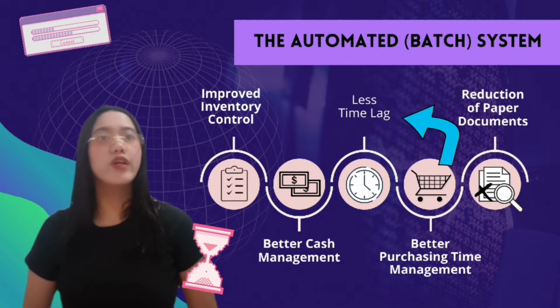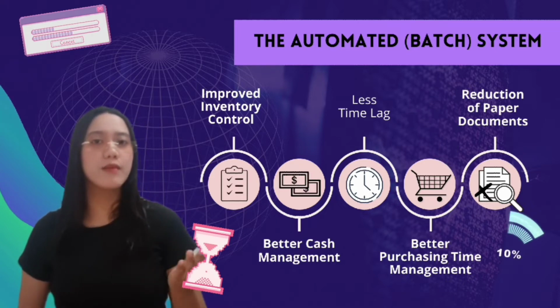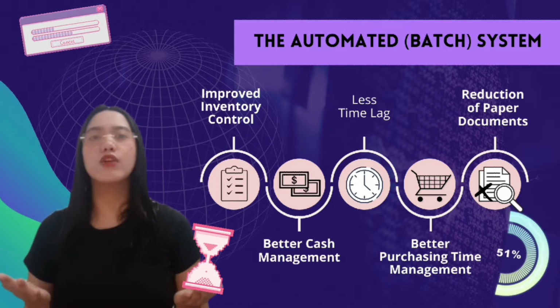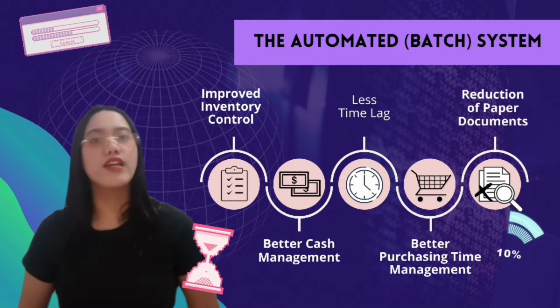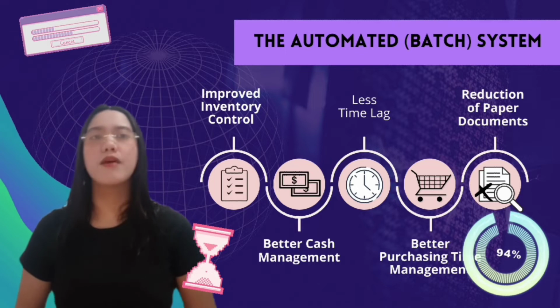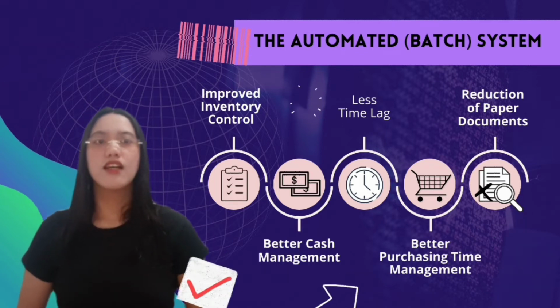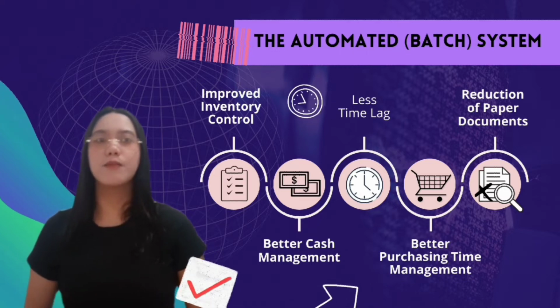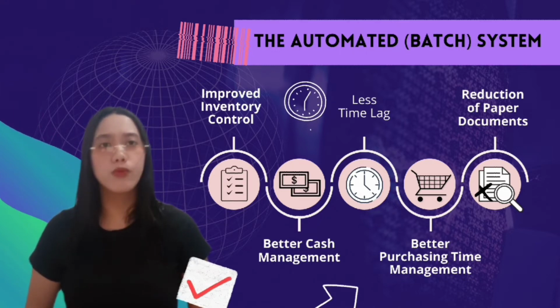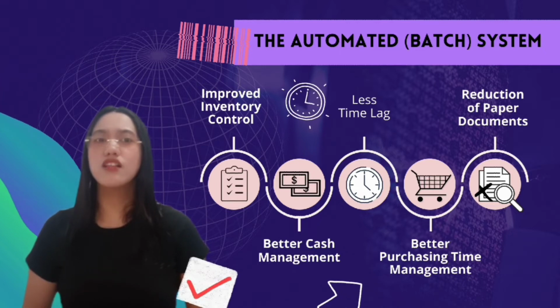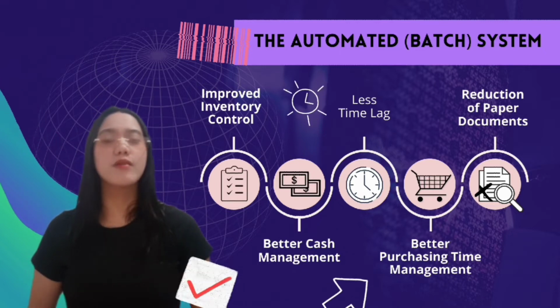Third, between the arrival of goods in the receiving department and the recording of inventory receipts in the inventory file, there is always a time lag. This system helps in the prevention of sales losses. Fourth, in batch system, purchasing departments are directly involved with all purchase decisions. This creates additional factor in time lag ordering process.